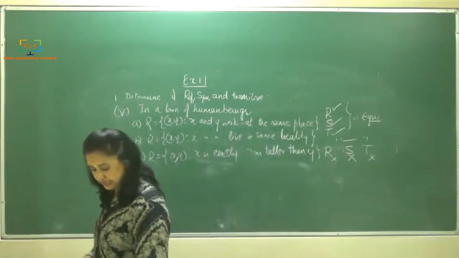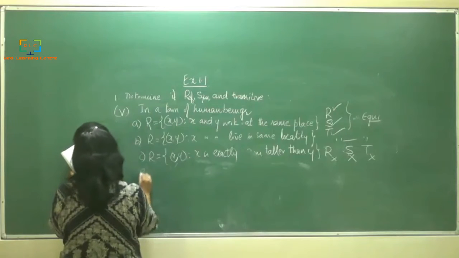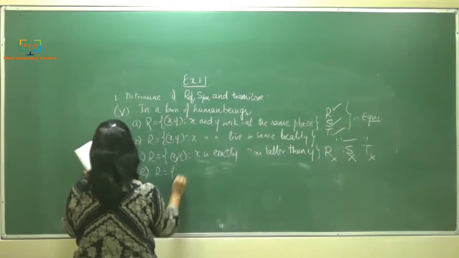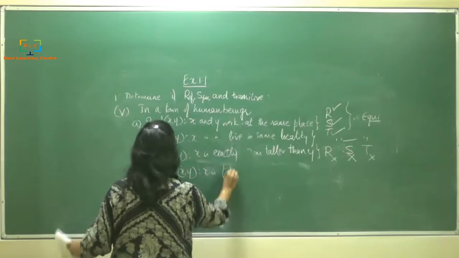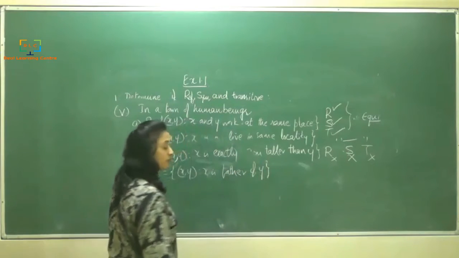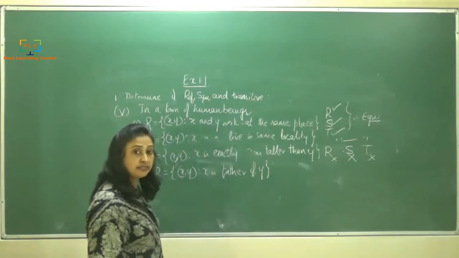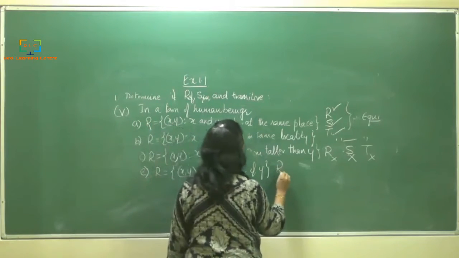Okay. Other than this, I'll take another one of them. I'll take E. R is equal to XY such that X is father of Y. X cannot be father of X himself. So it is not reflexive.